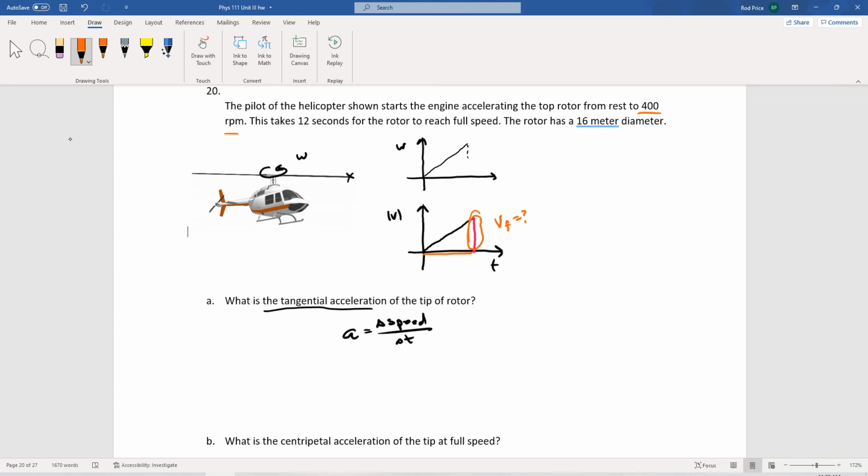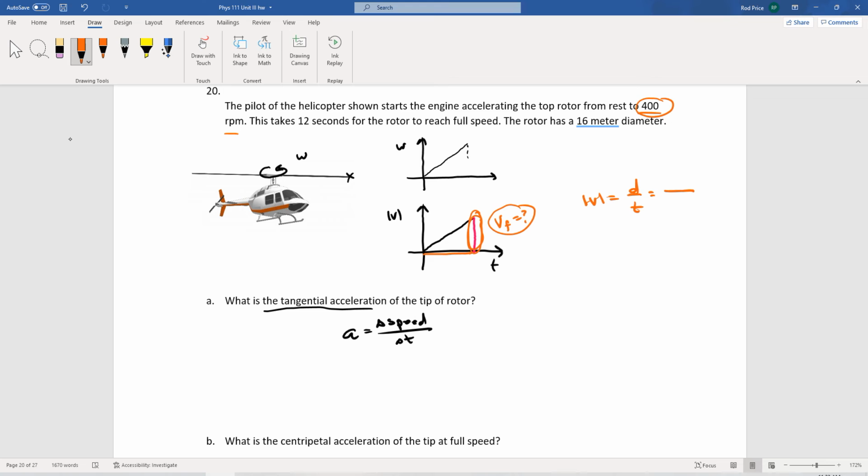At this instant in time right here, that is the angular speed of the blade in revolutions per minute. You can calculate the linear speed this way. The speed, which is the magnitude of v, remember, is distance over time. And just for a moment, we're going to pretend the 400 RPM is constant.